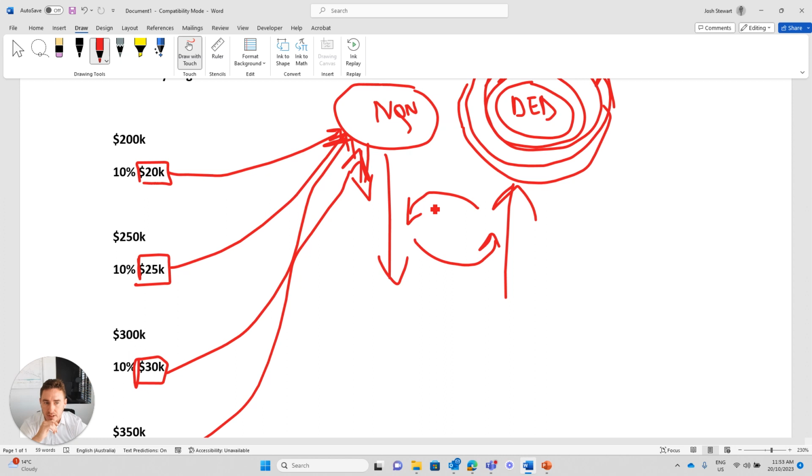Okay, so we're using the equity that's in the home to then go and invest. The returns that we're making, we're using those returns or the cash flows, dividends, rental payments, to pay down the non-deductible debt. And as that's getting paid down, we're then going and increasing that deductible debt.